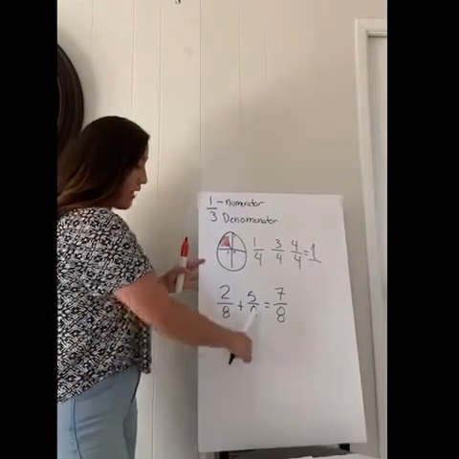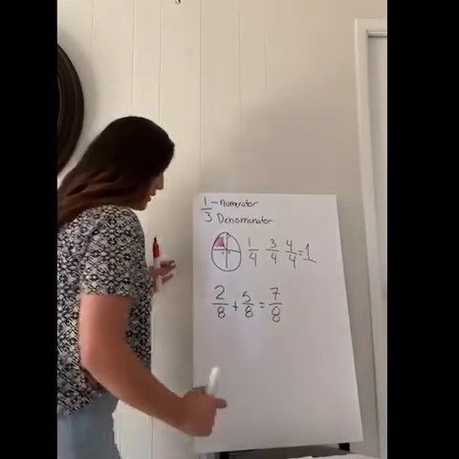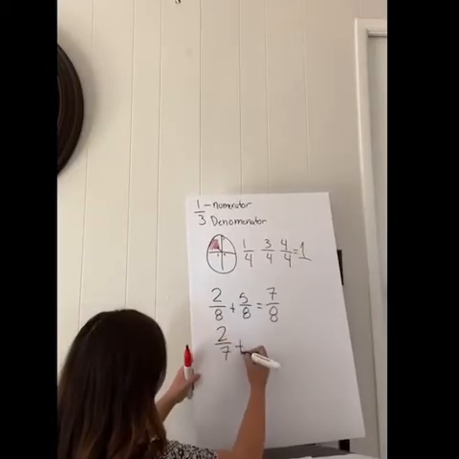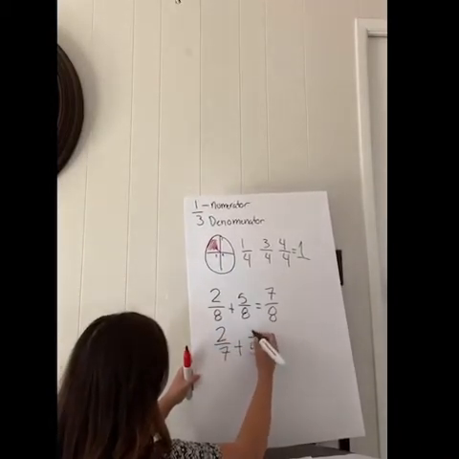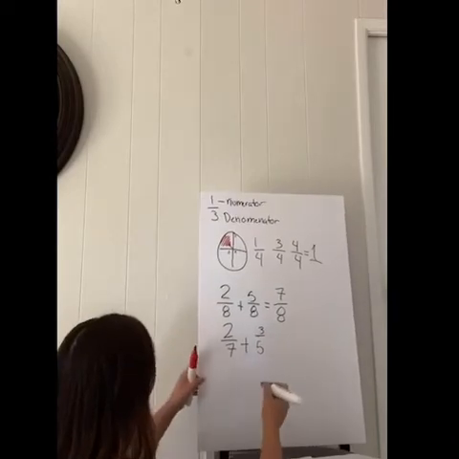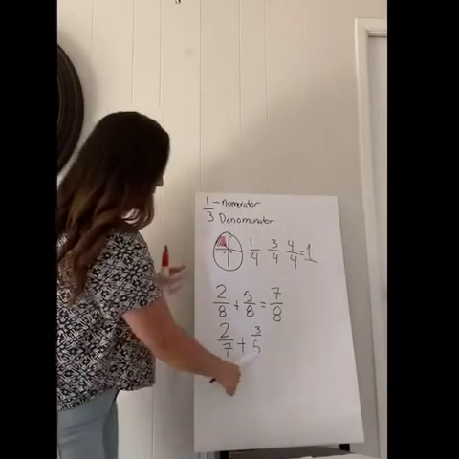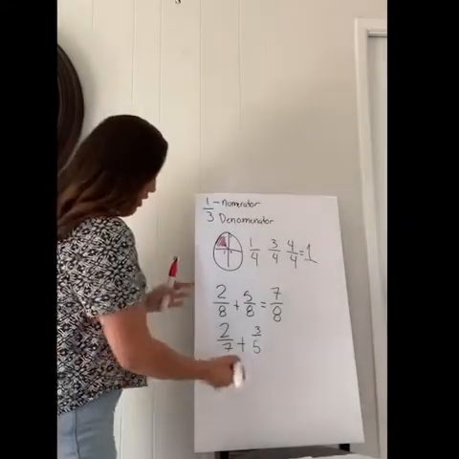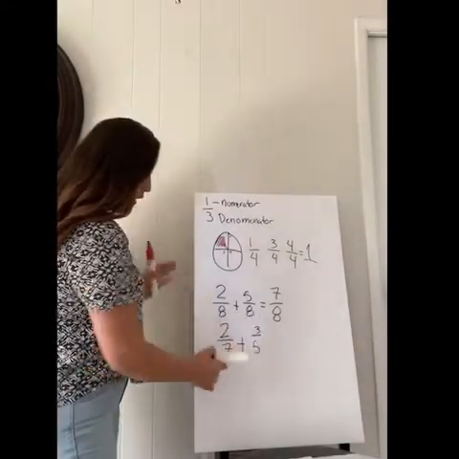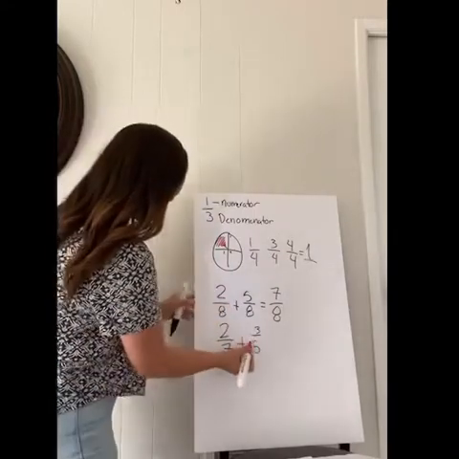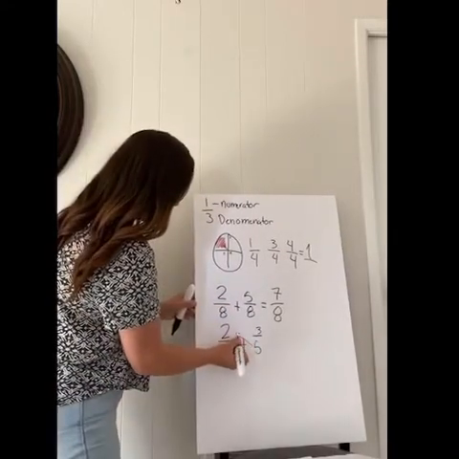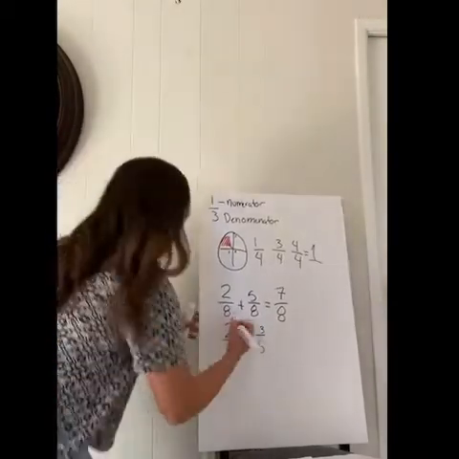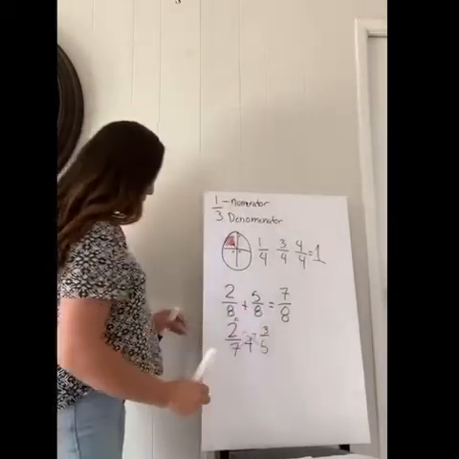Not always do we have the same denominator. So let's say you have 2/7 plus 3/5. Because we don't have the same denominator, we're going to have to do something called the bow tie method, which is just multiplying across. So you multiply 5 by 2 and 7 by 3. 5 by 2 is 10, so let's make a note up here to keep track of things.